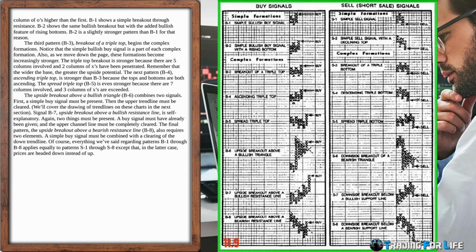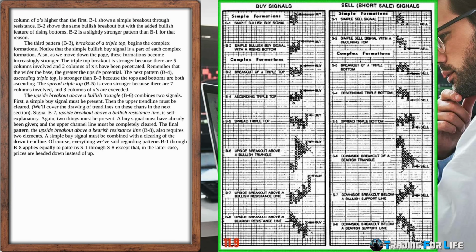First, a simple buy signal must be present. Then the upper trend line must be cleared. We'll cover the drawing of trend lines on these charts in the next section. Signal B7, upside breakout above a bullish resistance line, is self-explanatory. Again, 2 things must be present. A buy signal must have already been given, and the upper channel line must be completely cleared.